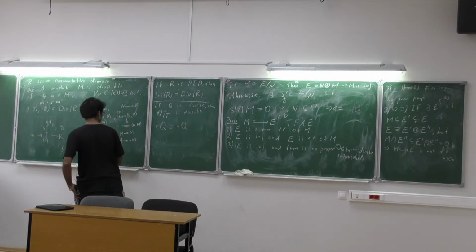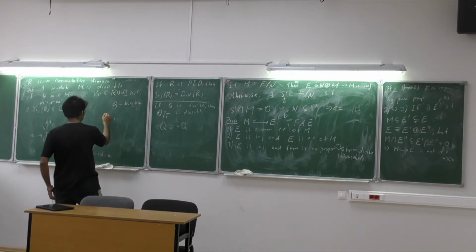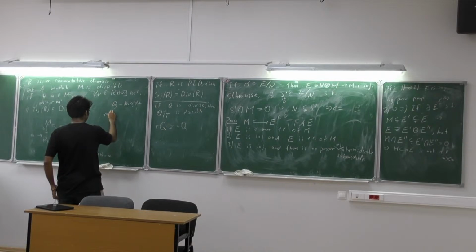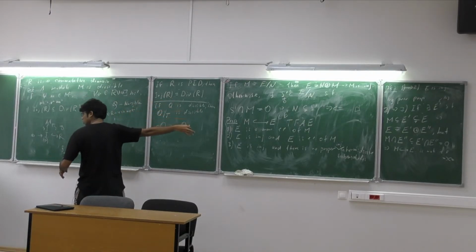So, given that Q is divisible, I am choosing R such that R is not a zero divisor, because if it is a zero divisor, then... Oh, by assumption, I assume that R is a domain.